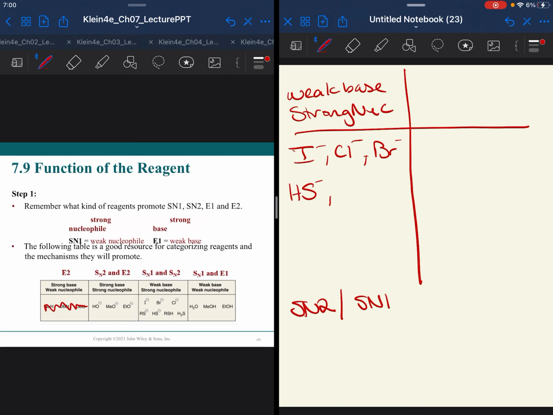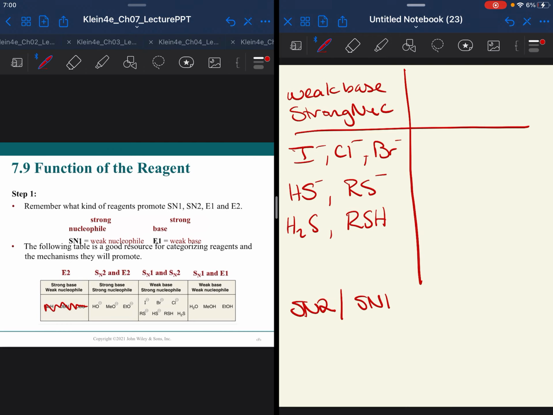So whether the sulfur has a charge or it is neutral, like in H2S or any other thiol, sulfur is in period 3, so it's a lot bigger than oxygen. It's got a lot of room for that negative charge to be stabilized, so it's not a good base, but it is still a good nucleophile. A lot of electron density on that sulfur, so it can act as a good nucleophile.